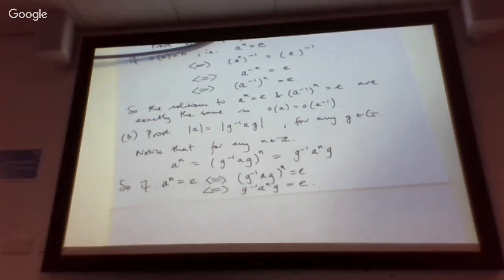The smallest such positive number n has to be the same in both cases. Okay?